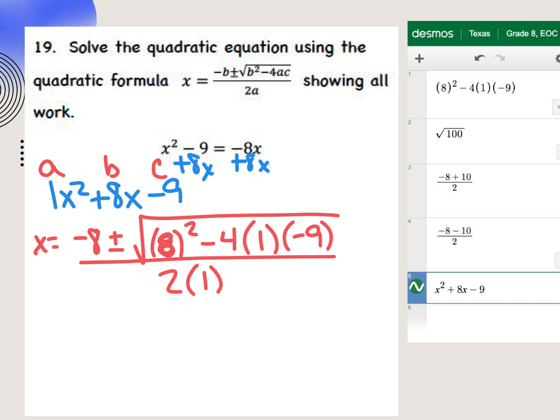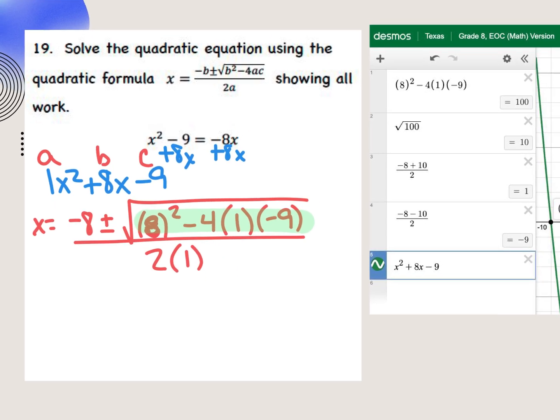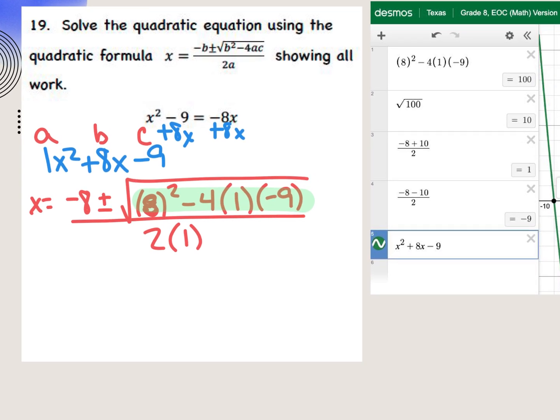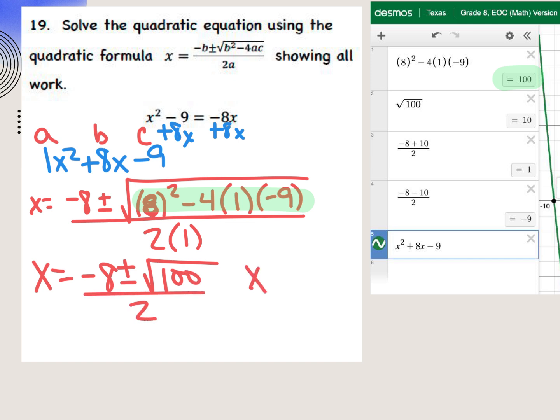And then you can put all of this underneath the square root in your calculator, which I have done over here. I got 100. So I have x equals negative 8 plus or minus the square root of 100 all over 2. I know the square root of 100 is a nice, pretty, perfect square.